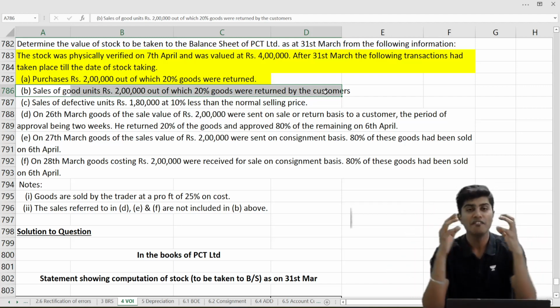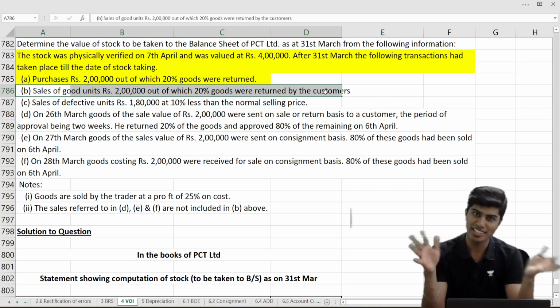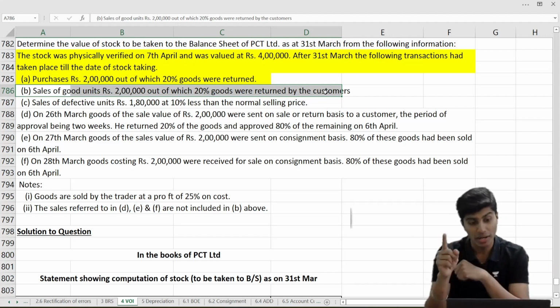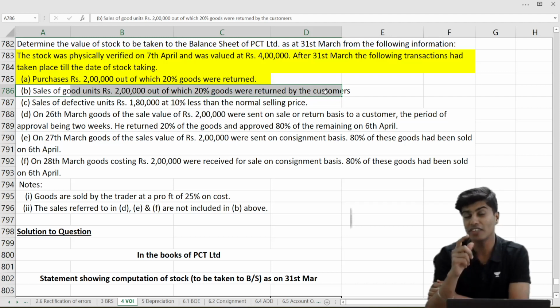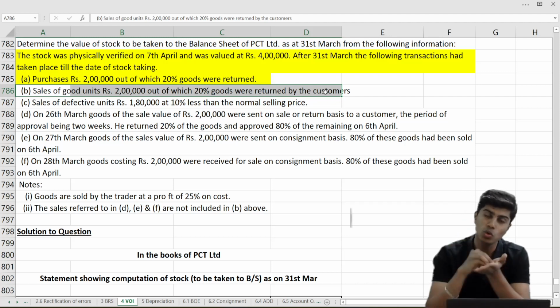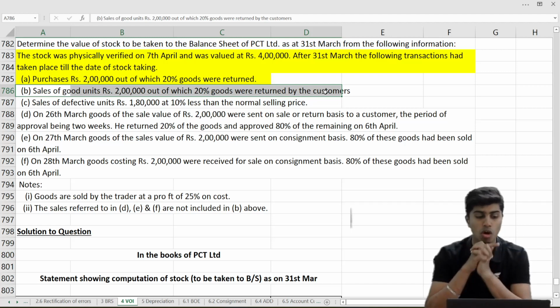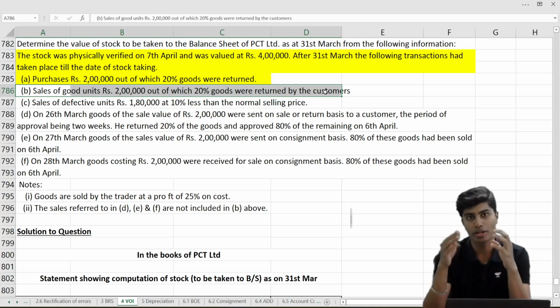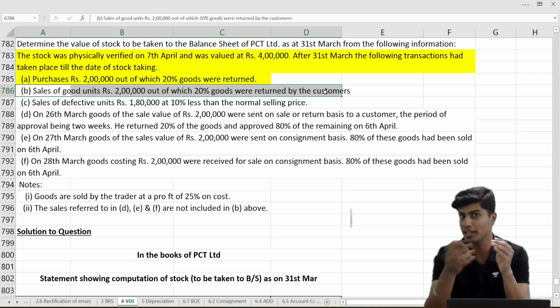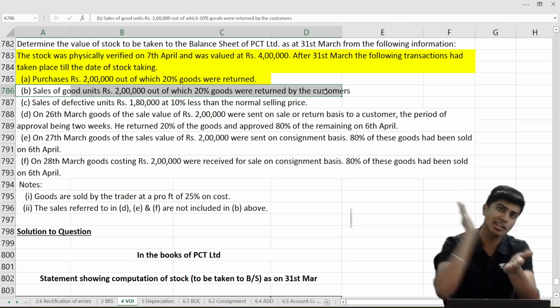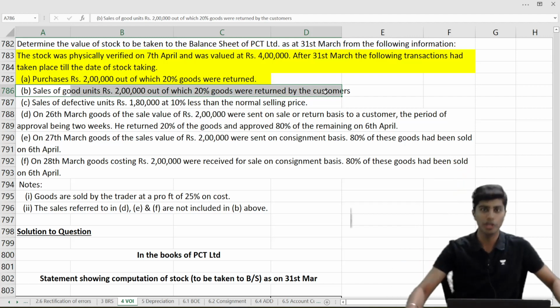Let me repeat. Whenever you talk about purchases, it is all easy peasy lemon squeezy. But when we talk about sales, it will involve selling price, not cost price. In order to find closing inventory at cost price, we need to eliminate the profit that is involved in this sales value. So we should write sales minus profit element, identify the cost and then write that cost in the outer column. I hope you got it.